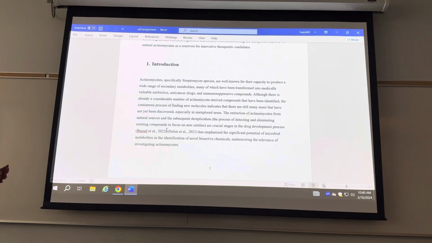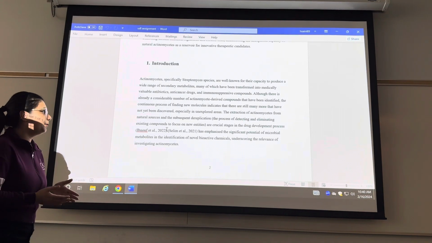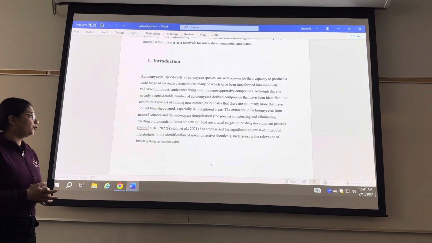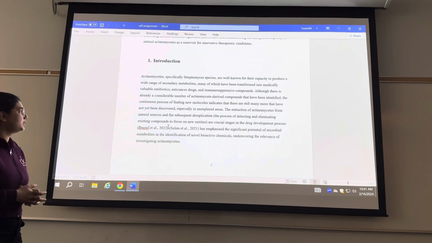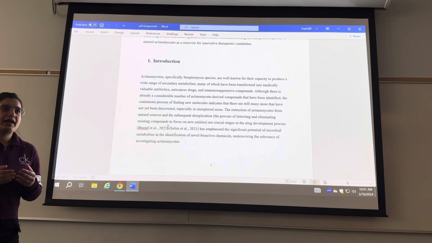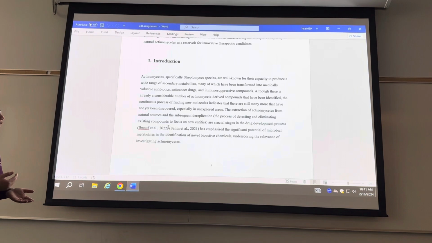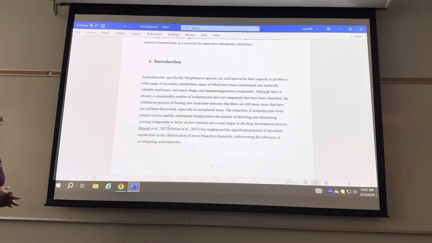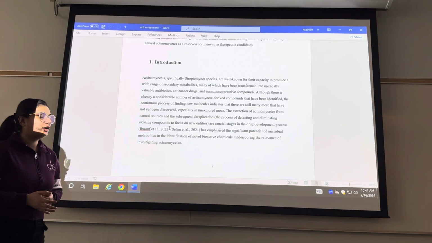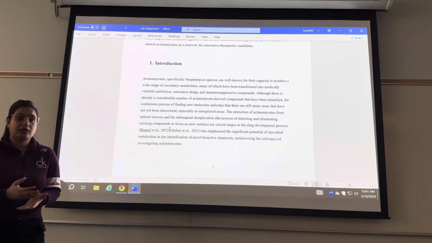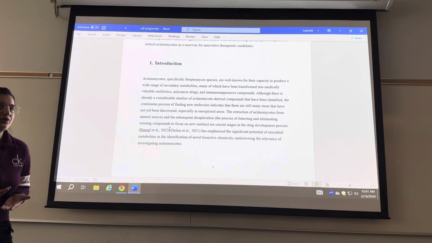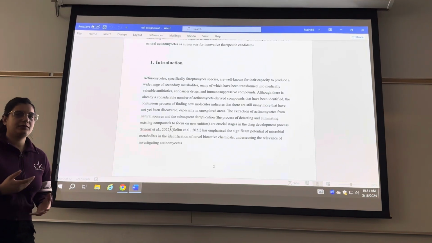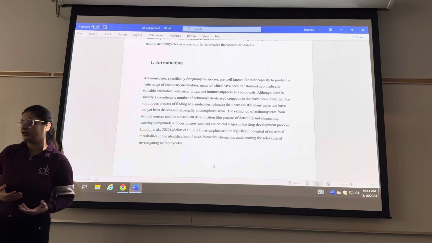Although a number of actinomycete-derived compounds have been identified by the continuous process of finding new molecules, it means we have a wide area where we can explore more. So the extraction of actinomycetes from natural sources is a crucial stage in drug development. Now I am going to discuss the material and methods we have used for this research.